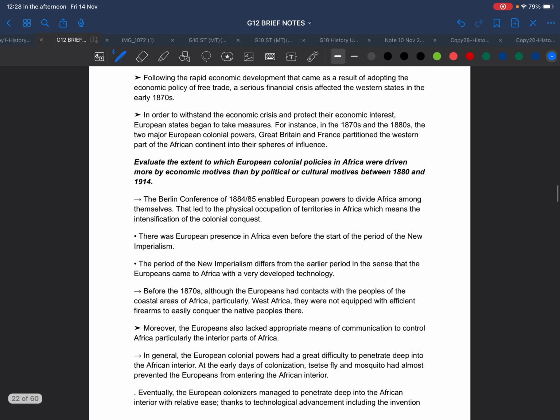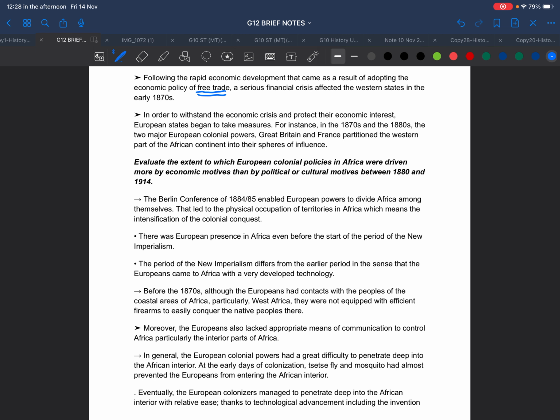Following the rapid economic development that came as a result of adopting the economic policy of free trade, a serious financial crisis affected the Western states in the early 1870s. Free trade meant taking African slaves to Europe and bringing finished commodities to Africa.